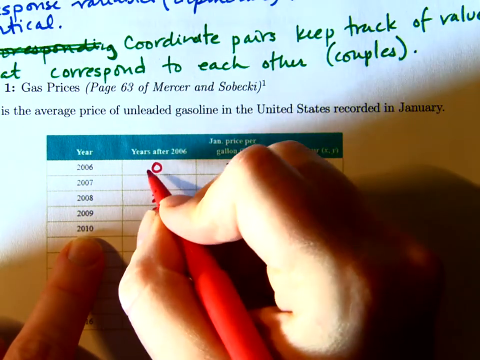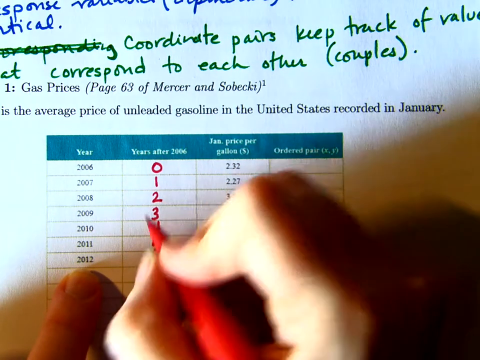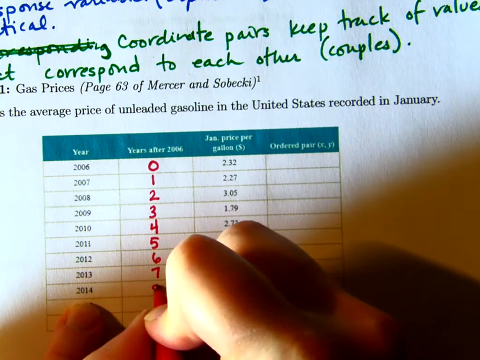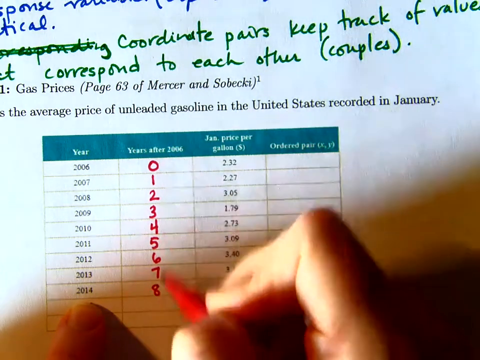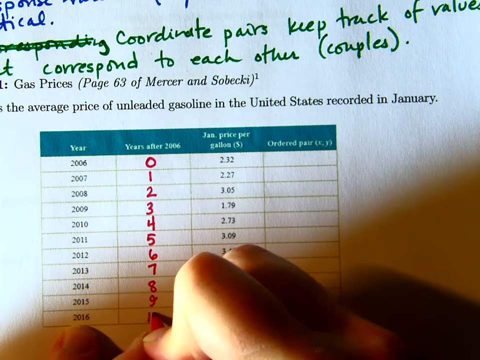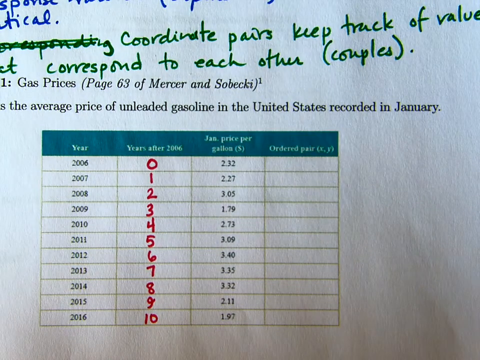They're counting by 1 year each, so this makes it very nice and predictable. So 2014 is 8 years after 2006, and 2016 is 10 years after 2006. Got it. And then they want us to write these as an ordered pair.